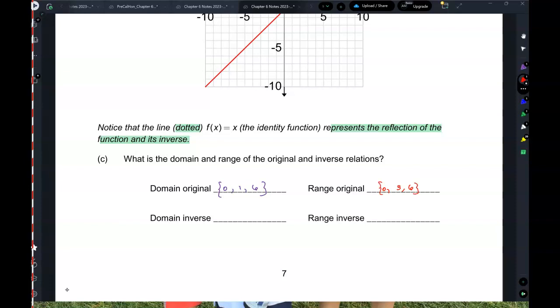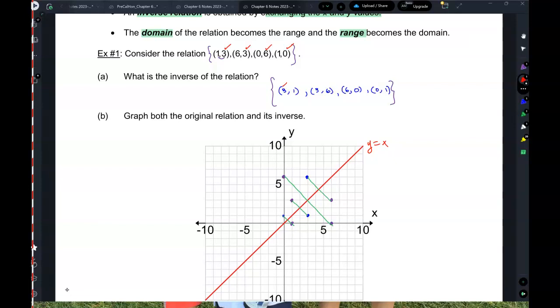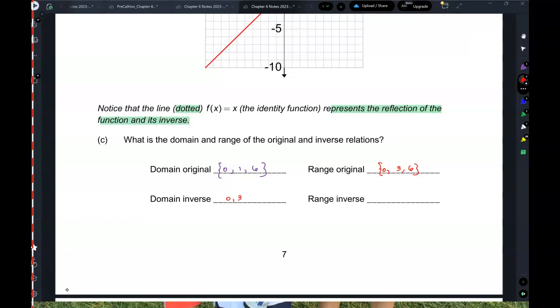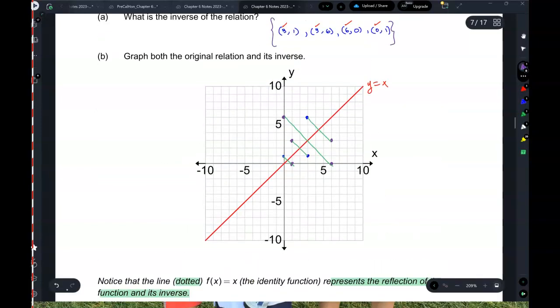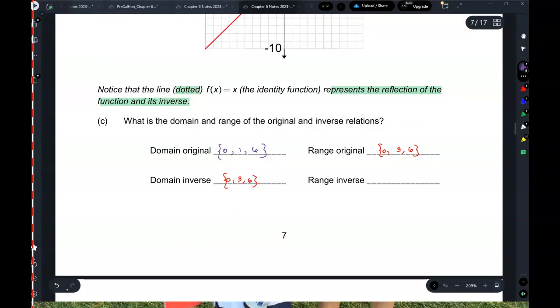Now let's do the domain of the inverse. The domain of the inverse is 3, 6, 0, so 0, 3, 6. They're just flipped. The range of the inverse is 1, 6, 0, so 0, 1, 6. Do you see how the domain and range get swapped between the function and the inverse?